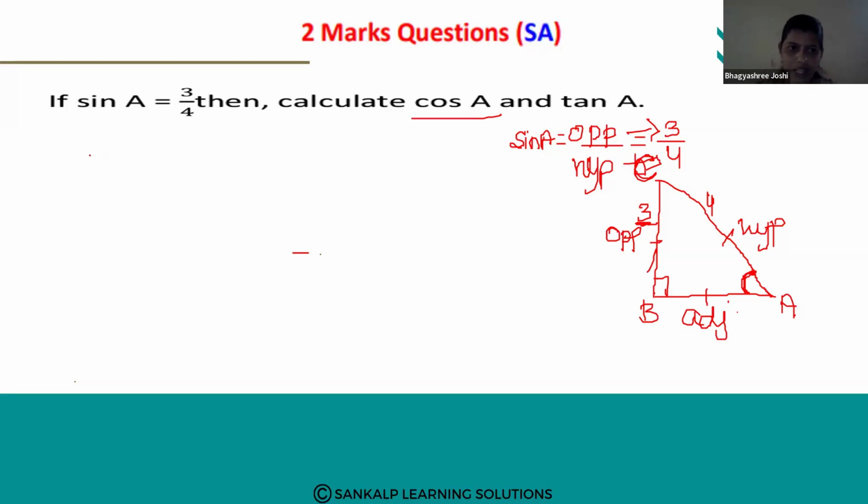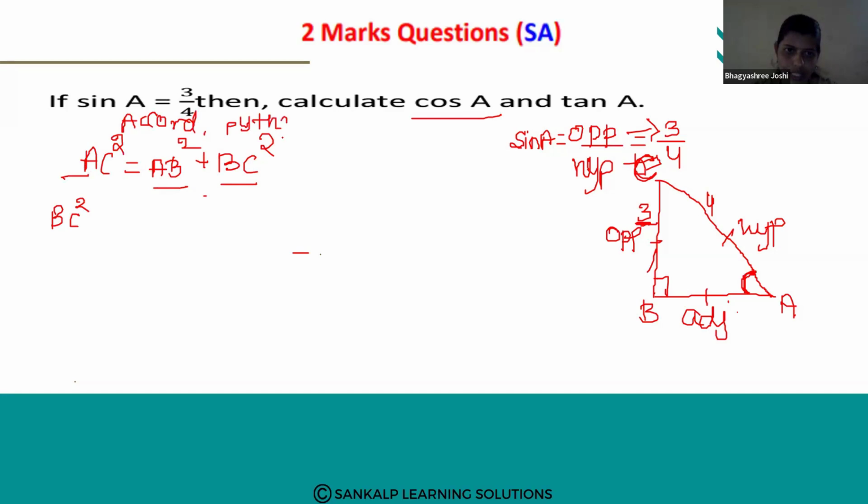So according to Pythagoras theorem, AC square is equal to AB square plus BC square.